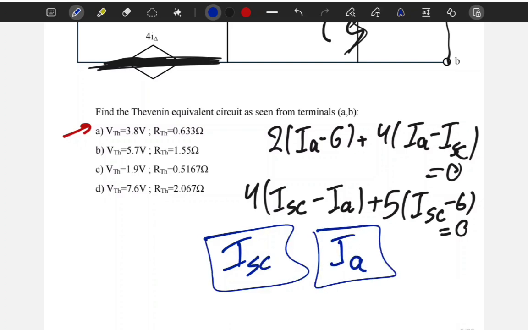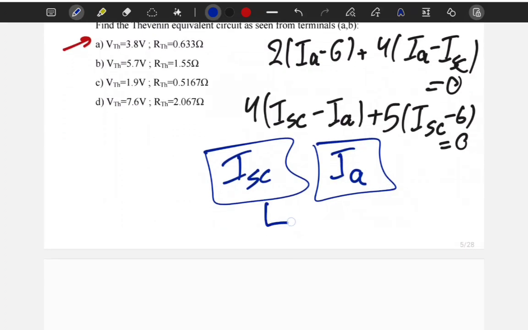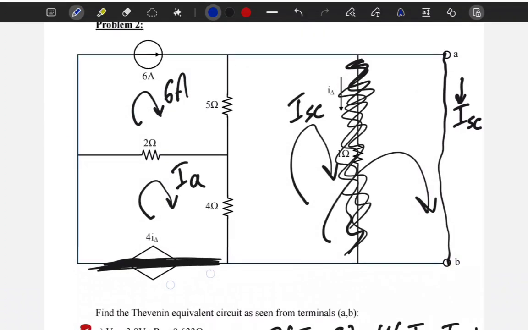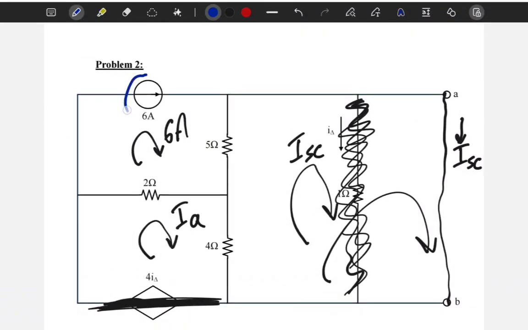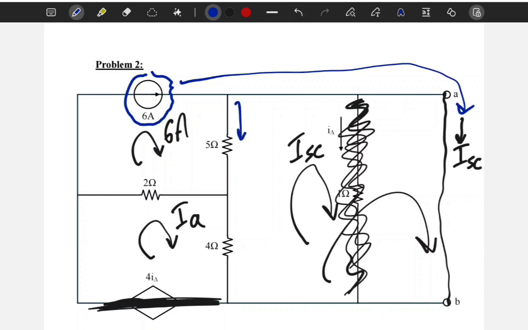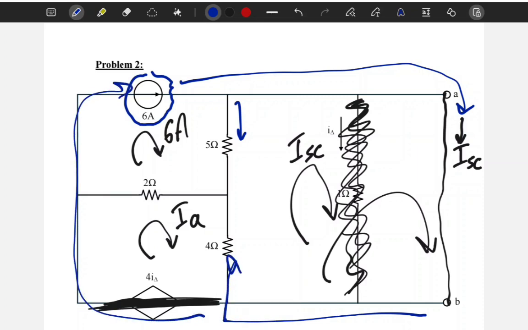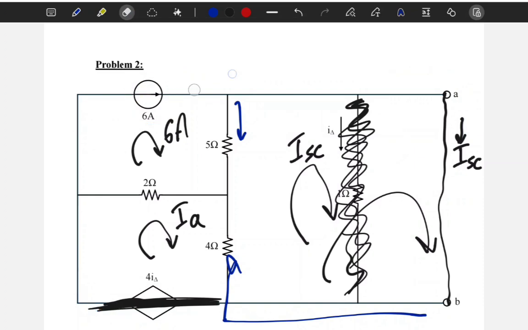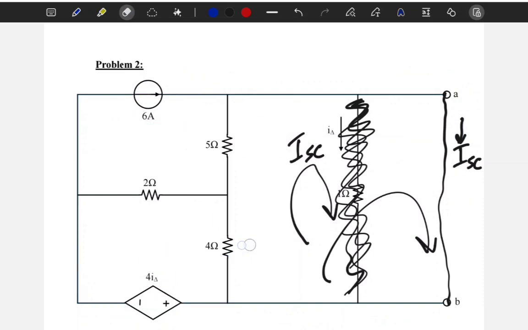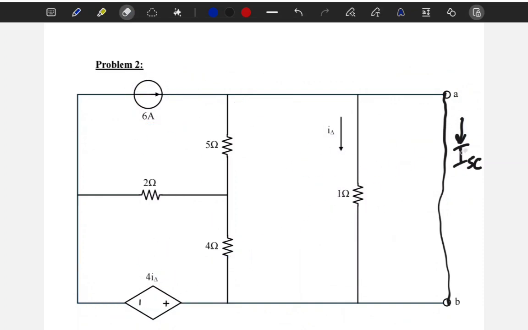But something interesting: you're gonna find I short circuit to be 6 amperes. Which is strange, because it's like this 6 ampere is entirely flowing into here and not in here. When it comes back in here, it doesn't flow back in there. It continues like this.